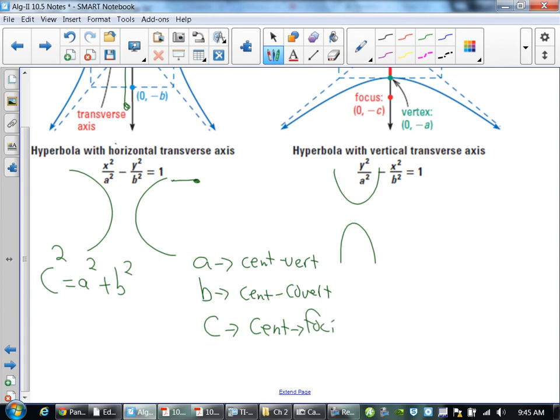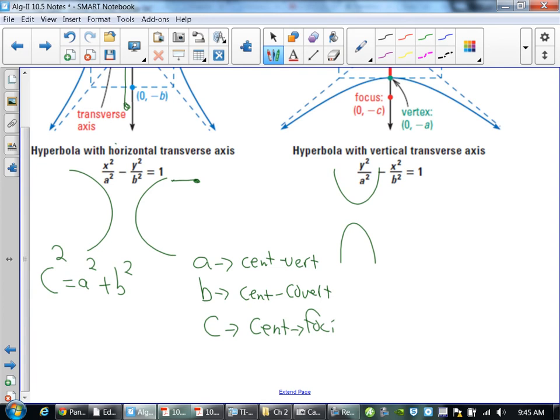And then in the hyperbola, it's c squared equals a squared plus b squared. Notice that if it's an ellipse, to solve for c, it's minus, so it's just opposite sign. Same thing here, it's just opposite sign.